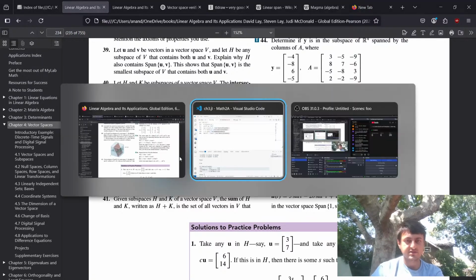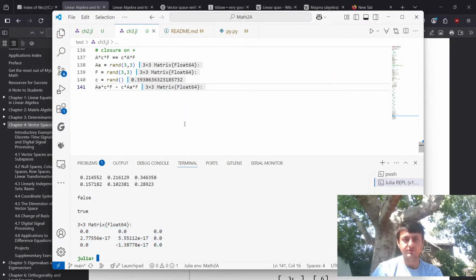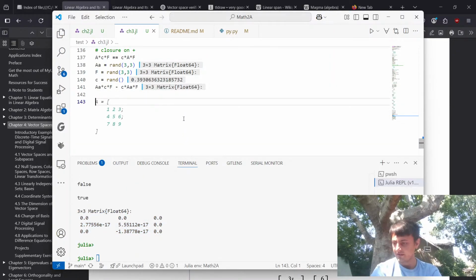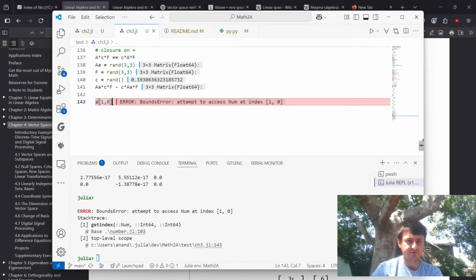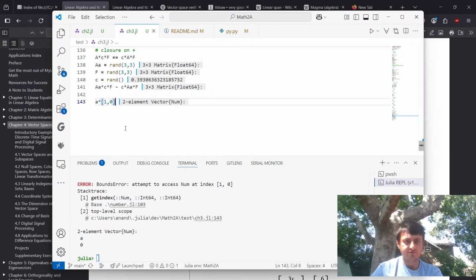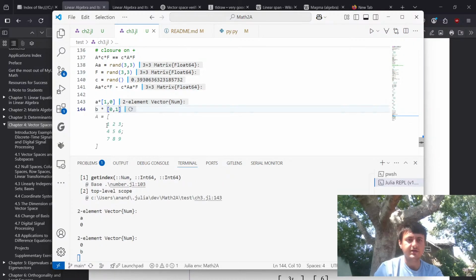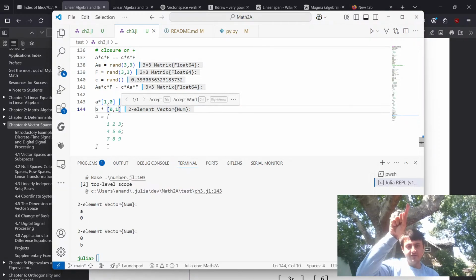All right, anyways, so for the union, consider a times (1, 0). This is the linear combinations of it, basically the x-axis. Then we have b times (0, 1), the y-axis.